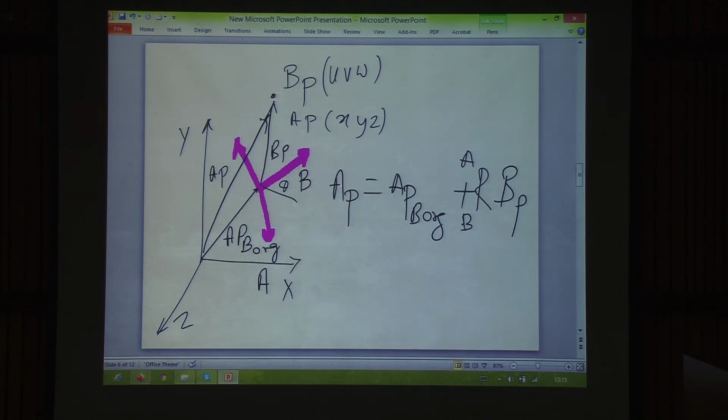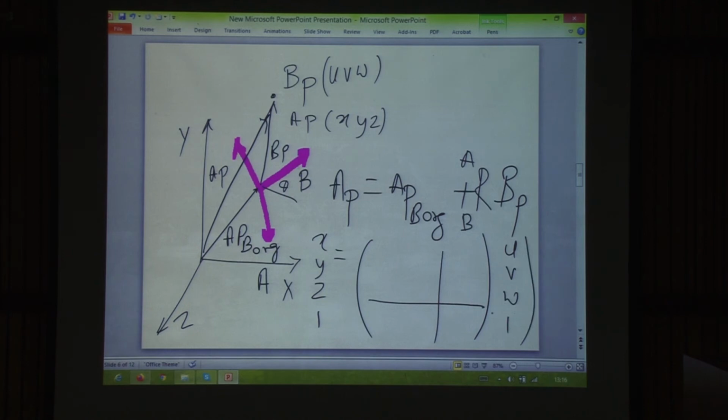Now I can write this as this plus that, and this will be written in the form of: this is my x, y, z, 1. Now this matrix is a 4 by 4 matrix. This is u, v, w, 1. This is the distance between the origins, which I call del x, del y, and del z.